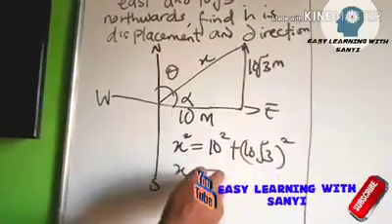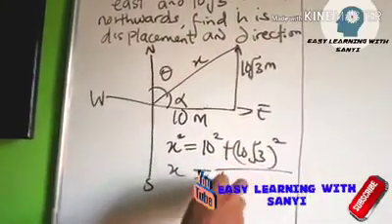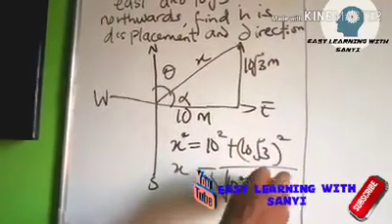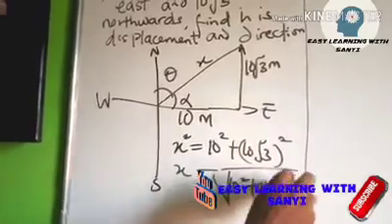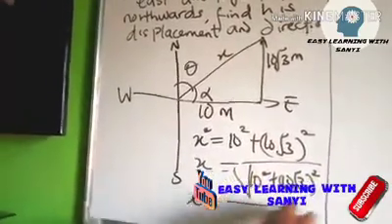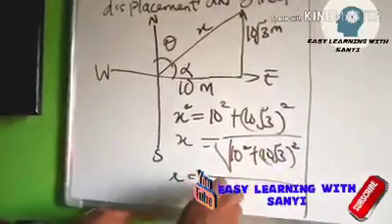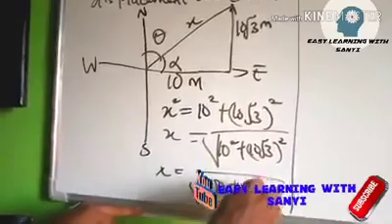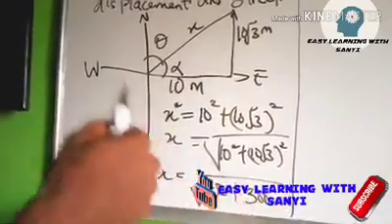So x equals the square root of 10 squared plus (10√3) squared. 10 squared is 100 and (10√3) squared is 300. Check it in your calculator.